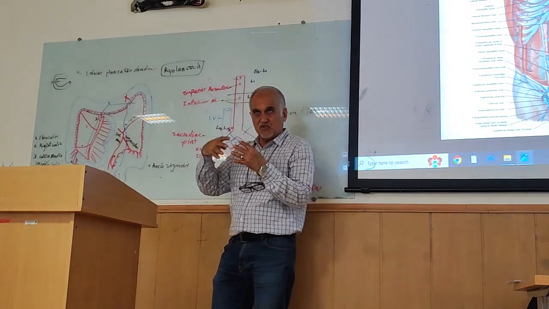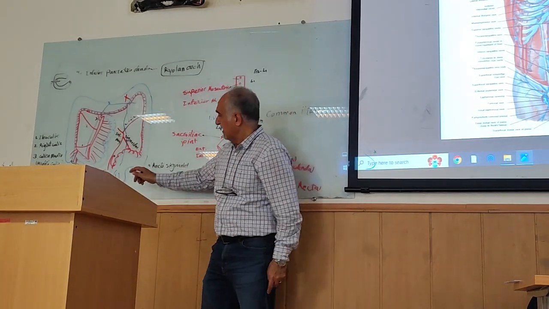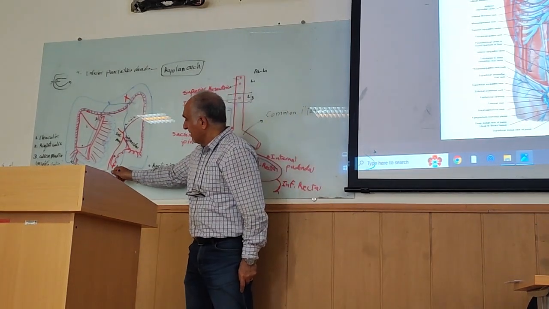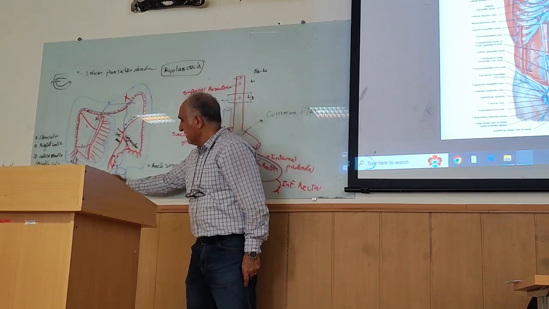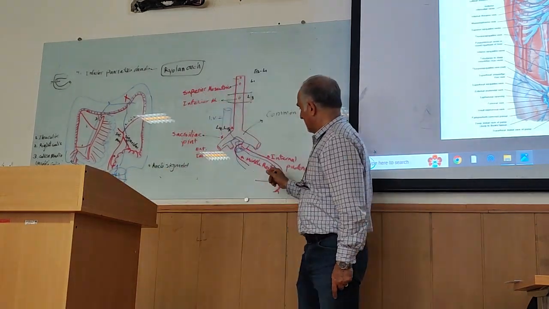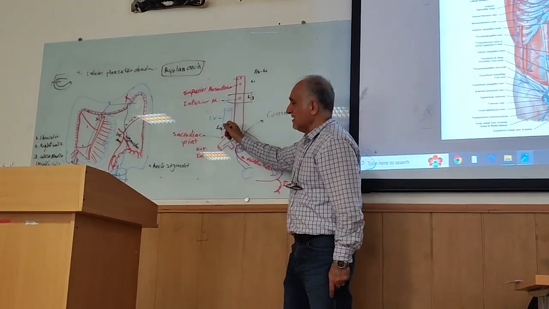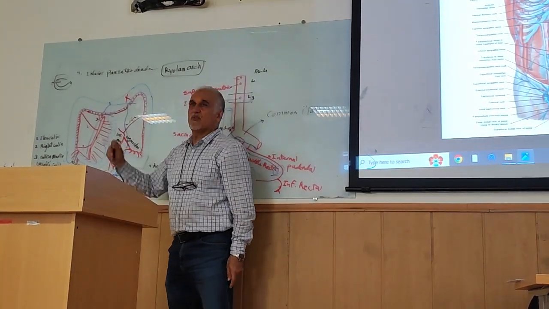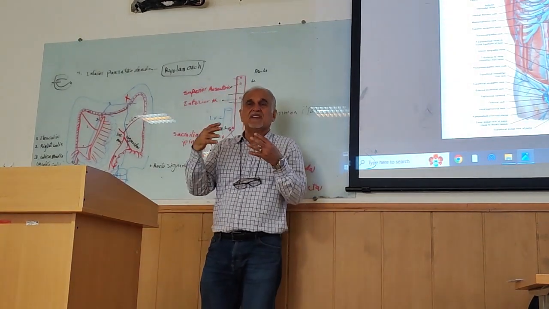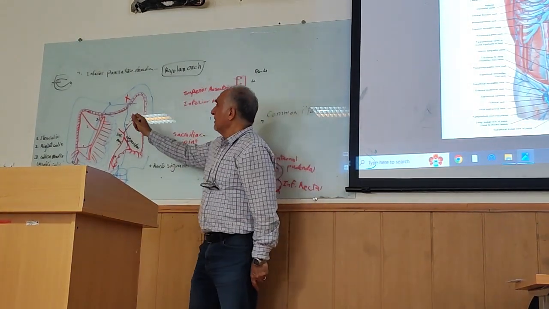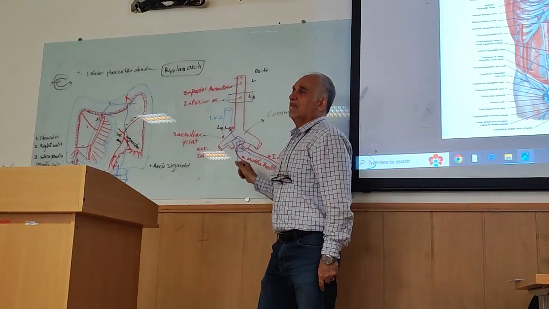They should join each other because they drain the upper part of the rectum; these two are drained by these two. These two go to the IVC, this one goes to the portal, yes? So there is a junction between portal and cava.